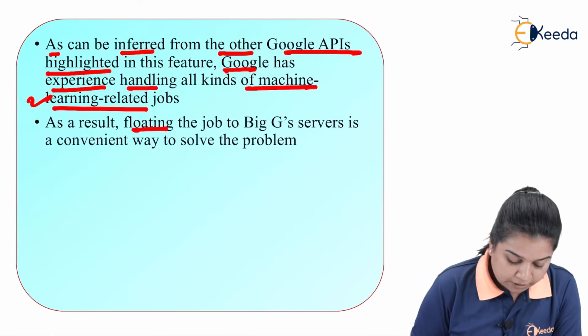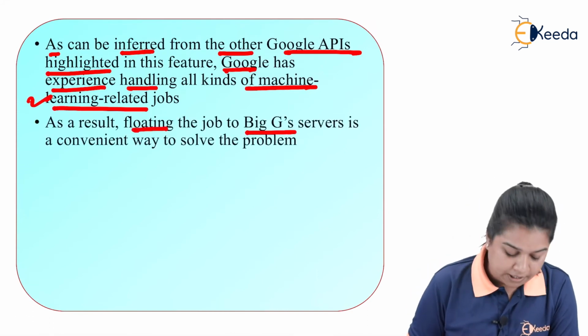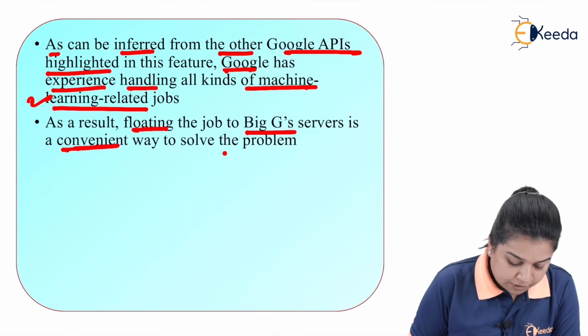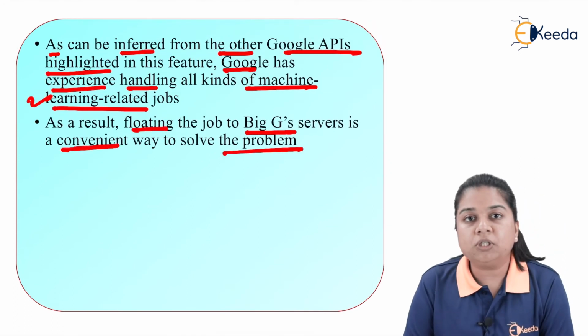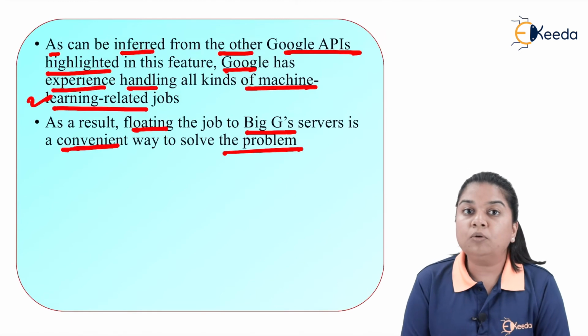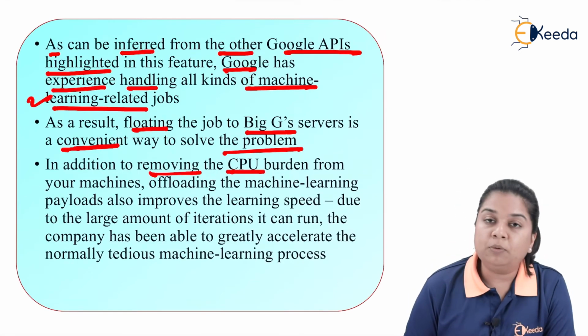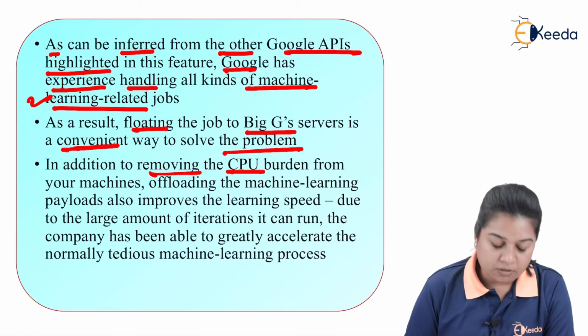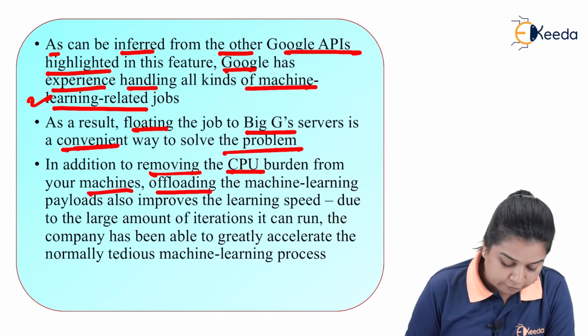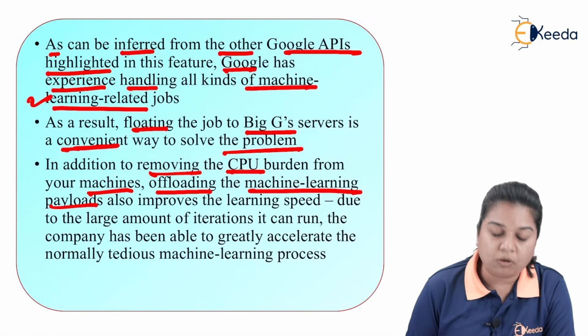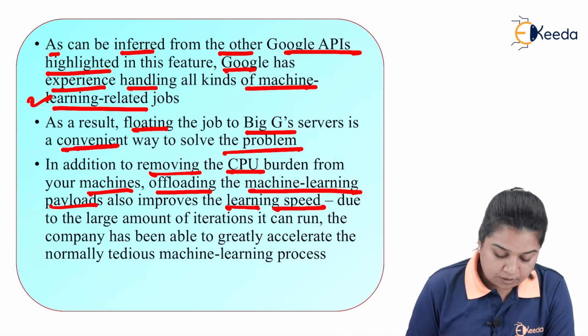As a result, offloading the job to Big G's servers is a convenient way to solve the problem. Here Big G is referred to as Google. In addition to removing the CPU, that means central processing unit, burden from the machines, offloading the machine learning payloads also improves the learning speed.